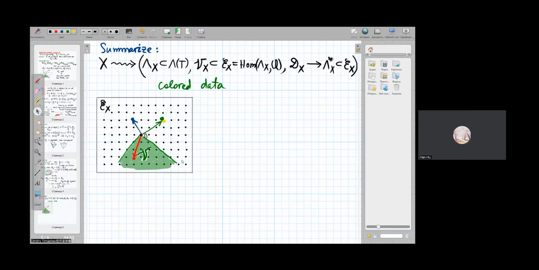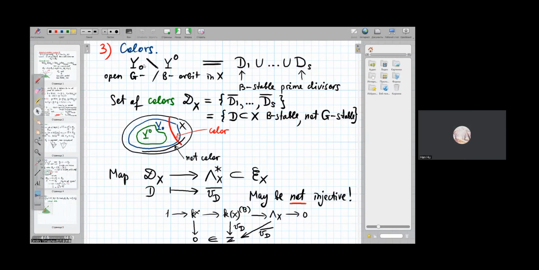Let me say like this. If you fix a birational type, this means that you fix this orbit Y naught. If you fix the orbit, then dx is uniquely determined. Of course, I'm not asking a question about this.